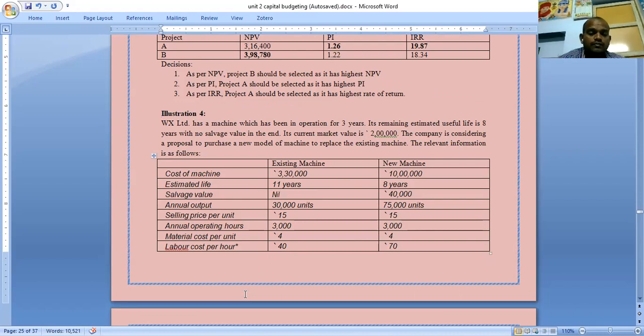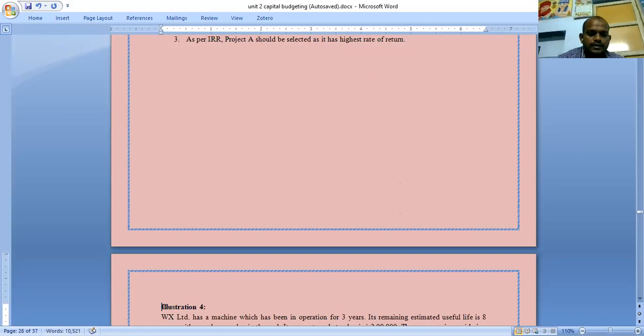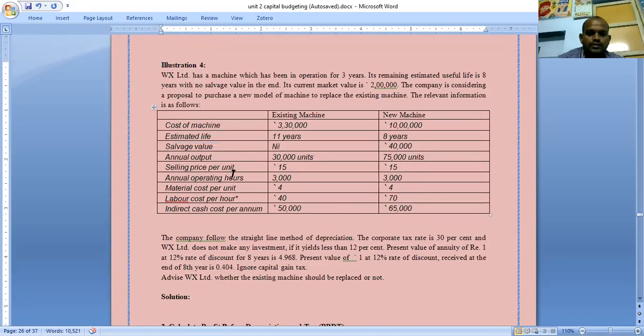So illustration 4. For better understanding, I'm just moving into one page. Okay. Devlex Limited has a machine which has been in operation for 3 years. Its remaining estimated life is 8 years.